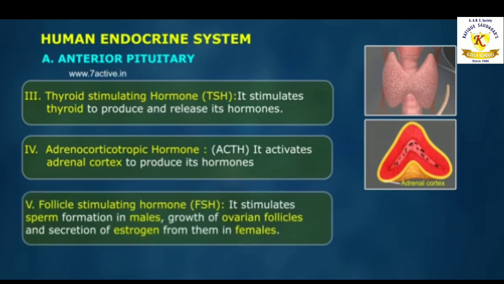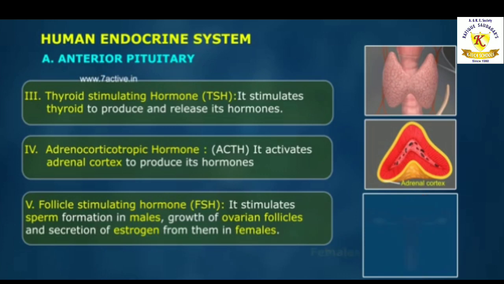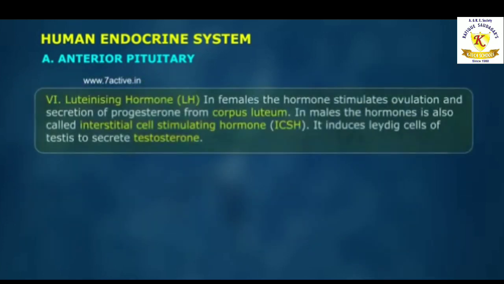The next one, follicle stimulating hormone, FSH. It stimulates sperm formation in males, growth of ovarian follicles, and secretion of estrogen from them in females. Luteinizing hormone, that is LH. In females, the hormone stimulates ovulation and secretion of progesterone from corpus luteum.